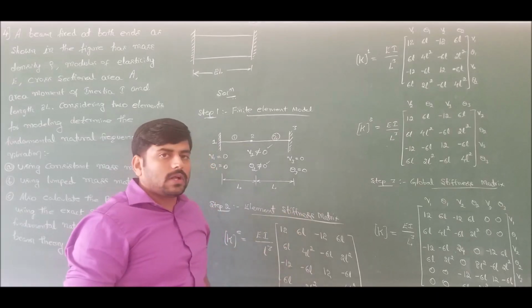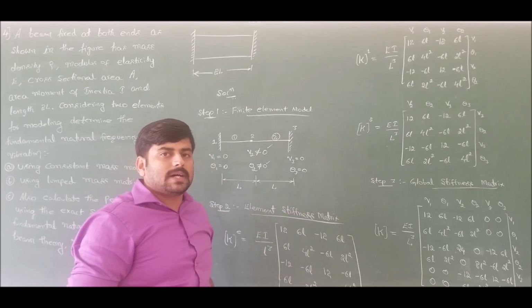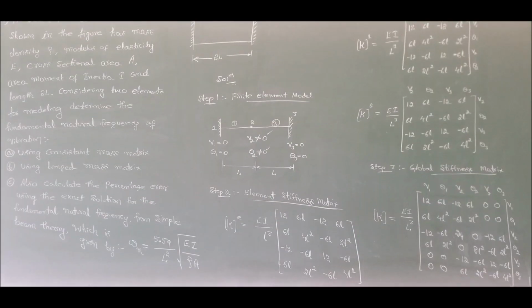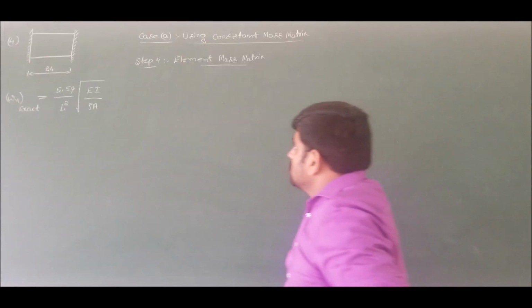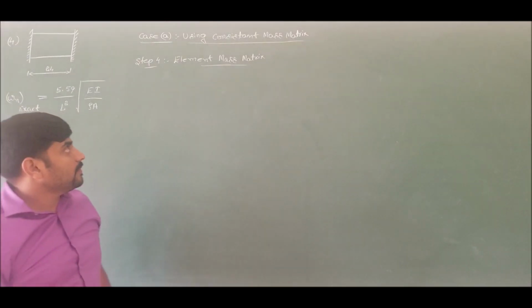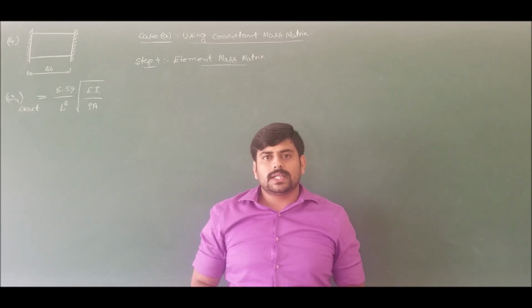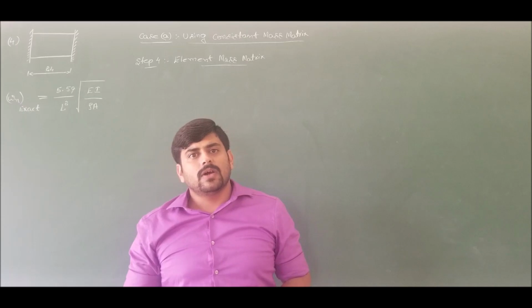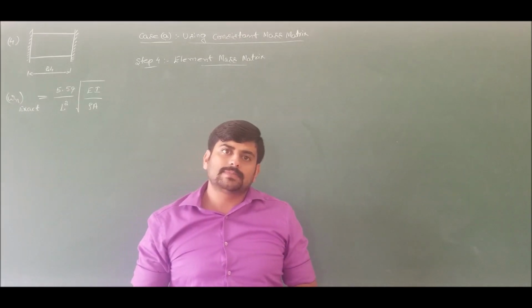Now moving on to step 4, to find the element mass matrix. We already know that the element stiffness matrix and also the global stiffness matrix remain the same for both case A and case B calculations.